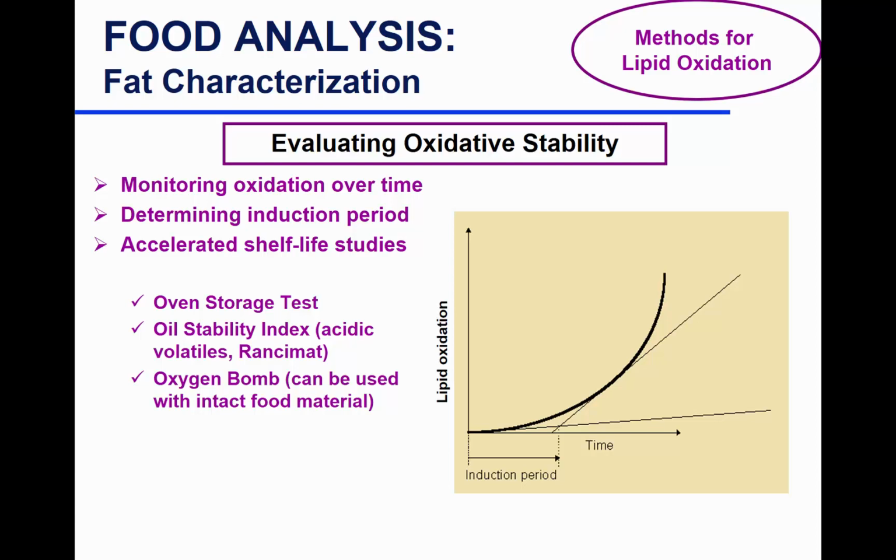The oxygen bomb can actually be used with intact food. It doesn't have to be an extracted oil. What you would do is put your sample, whether it's a food sample or oil sample, in a chamber and pressurize this chamber with oxygen. There will be a pressure gauge that you can read.